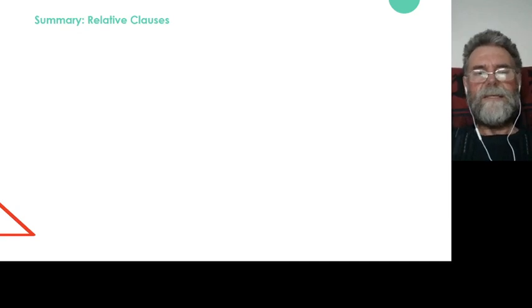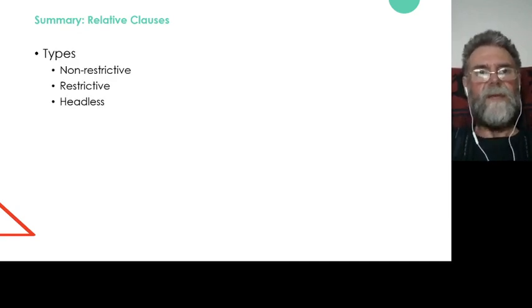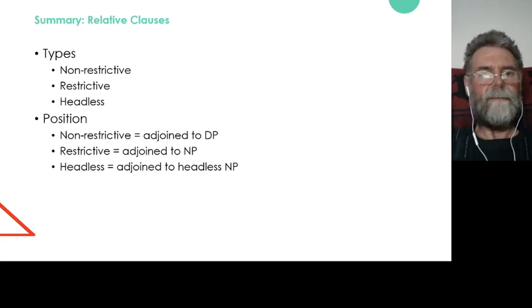Okay, so let's have a quick summary of everything that we've said so far. Relative clauses come in three types. There are non-restrictive relatives, restrictive relatives, and headless relatives. The positions of these differ from one to the other.